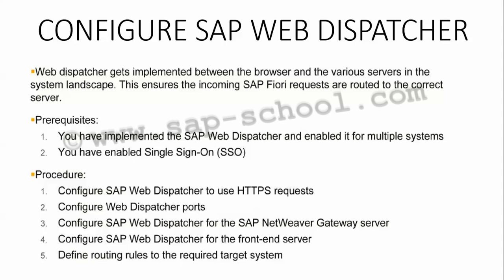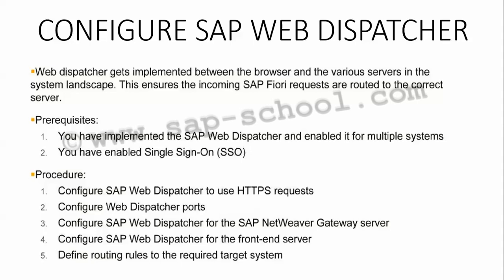Then we have to configure SAP Web Dispatcher for the SAP NetWeaver Gateway server. Then as a fourth step, we have to configure SAP Web Dispatcher for the front-end server. Then define the routing rules to the required target system. So these are the configuration steps of my SAP Web Dispatcher.